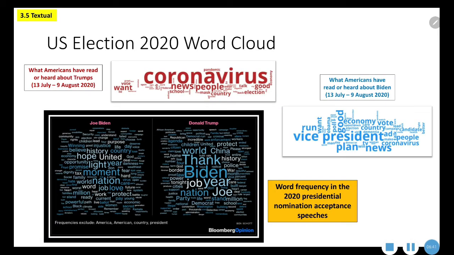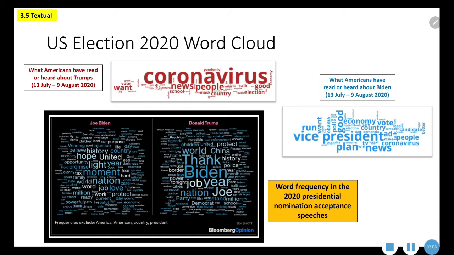For example, let's see the implementation of the word cloud. I took this from the internet regarding the US election 2020 word cloud. The red one here is a word cloud of what Americans have read or heard about Trump.